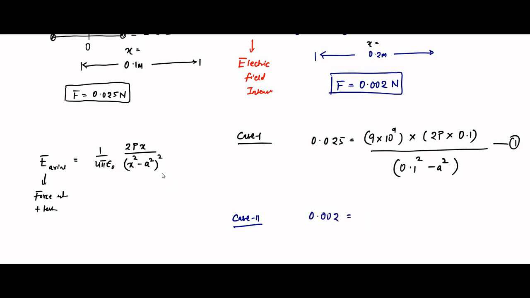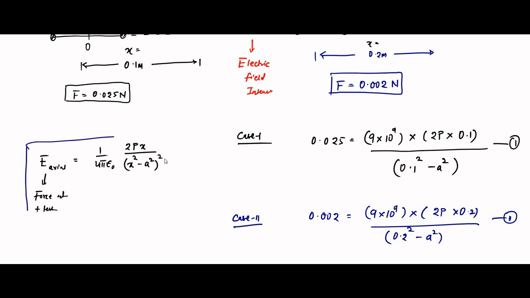Again substituting, 9 into 10 to the power 9 into 2p into 0.2 by 0.2 square minus a square. This is equation 2. Simply we have used this formula and made the substitutions.